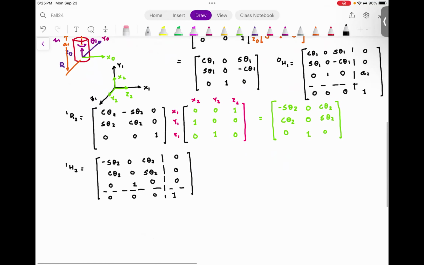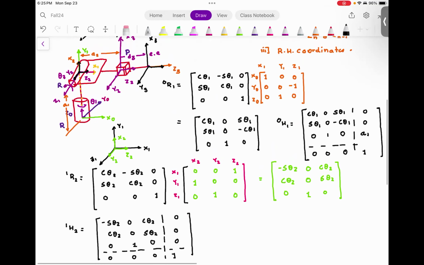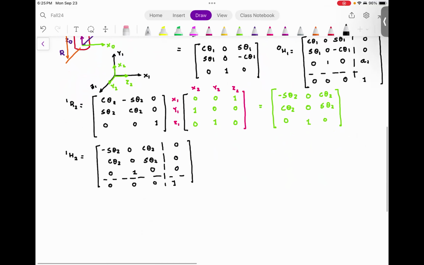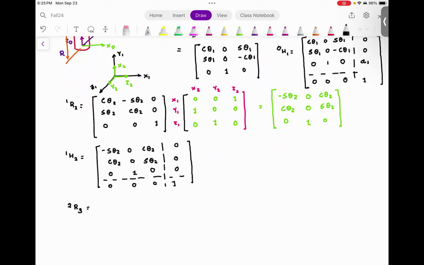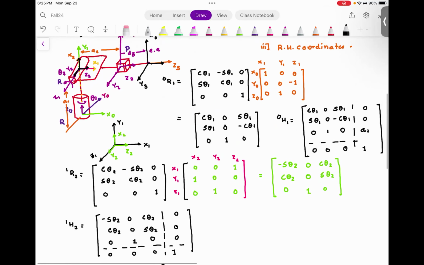Now the next question that comes is, and this is an important question, I want you to understand this. Next question that comes is, what happens when you have 2R3?